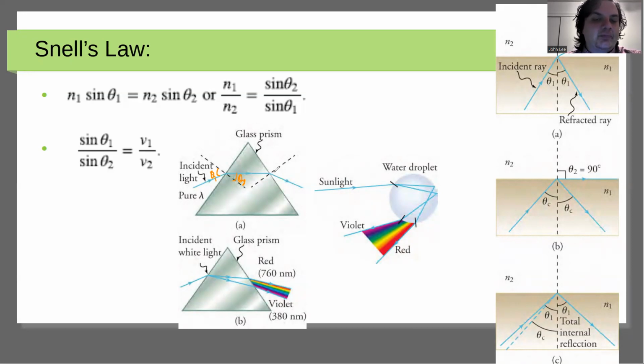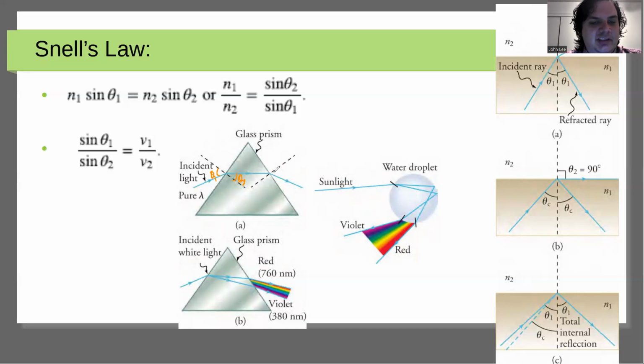So if you have incident white light, which is light that's made up of every different color, and you pass it through a prism like this, it's actually going to spread all of the light out, because the angle that each wavelength makes with respect to the normal inside the prism is going to be different.